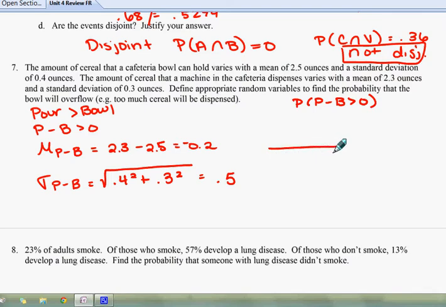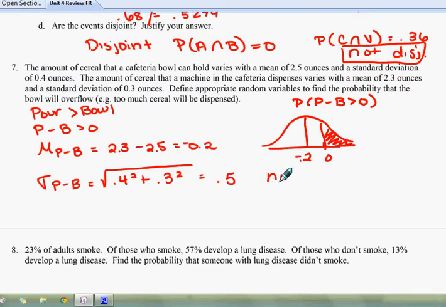So if I look at my normal curve, the expected value here is negative 0.2. Standard deviation is 0.5, and it will overflow if I'm greater than 0. 0 is going to be up here.